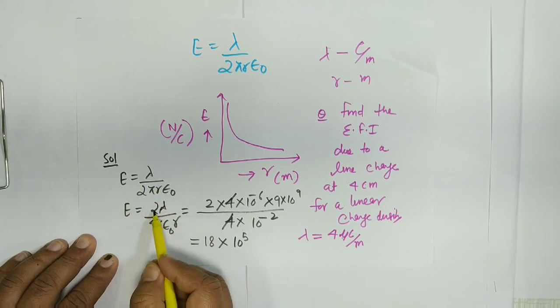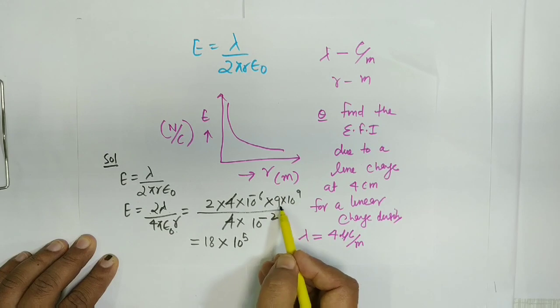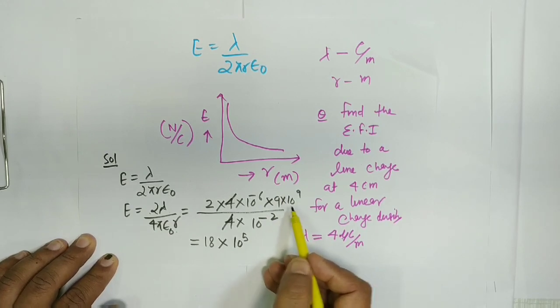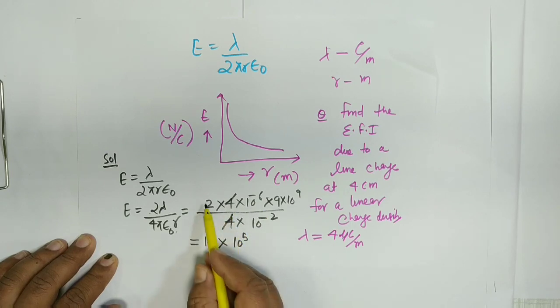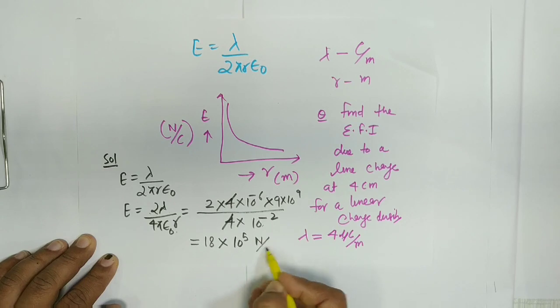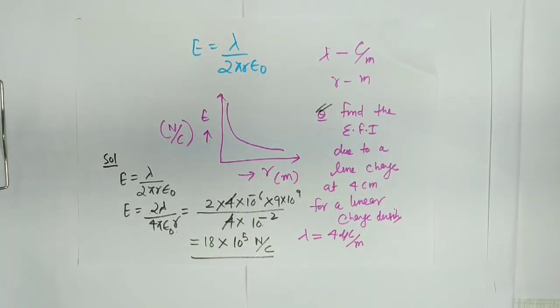Again repeating, what we did: 2 lambda upon 4 pi epsilon naught R. Why 2? Because 1 upon 4 pi epsilon is 9 into 10 to the power 9, and we calculated it, 2 nines 18, and this is Newton per coulomb. So how we apply this can be a 2-mark question in the board exam.